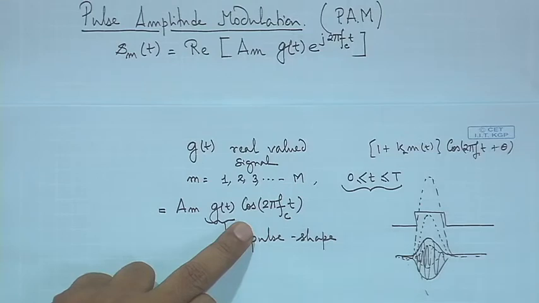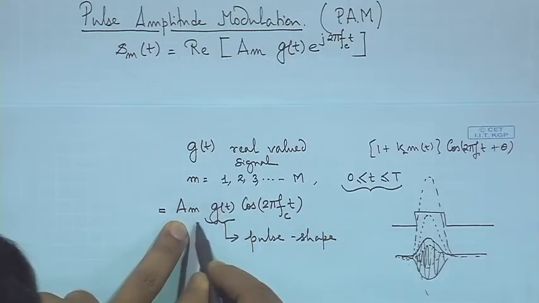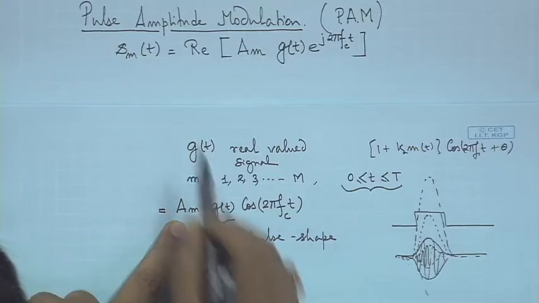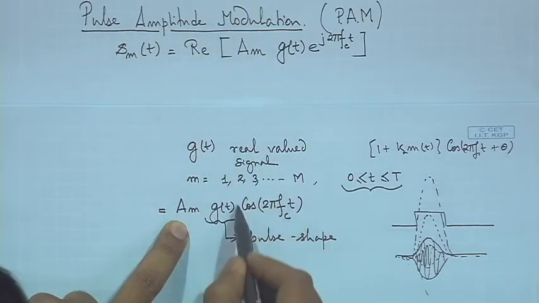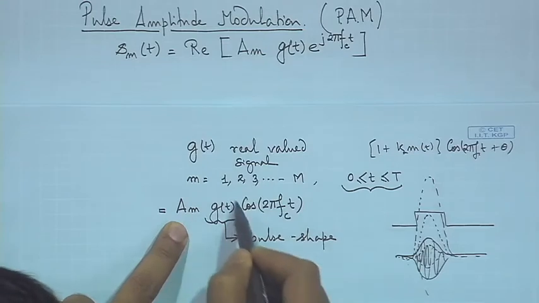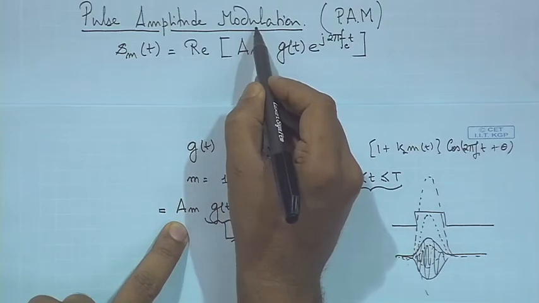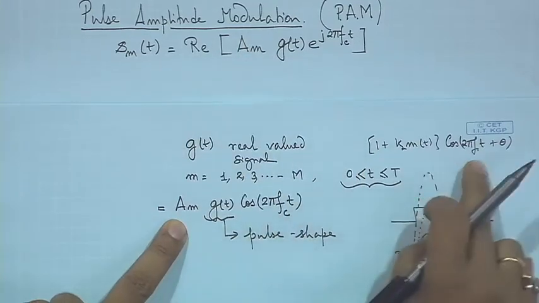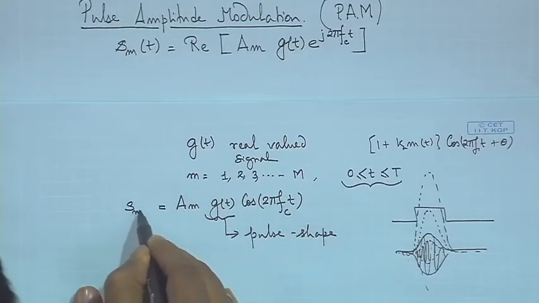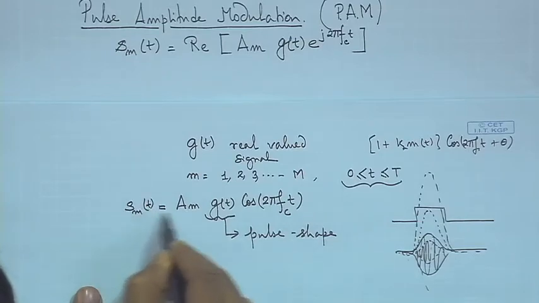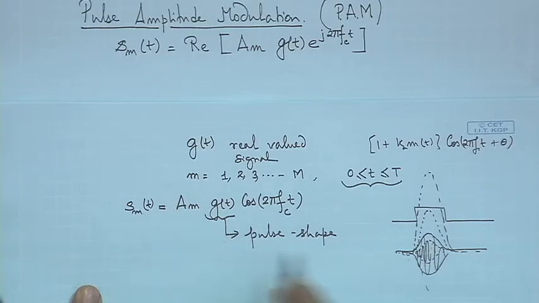So, there is an amplitude, there is a pulse, and you are modulating the amplitude of the pulse. That is why it is pulse amplitude modulation. Because you are changing the amplitude of a carrier, you call it modulation. There is a lot of similarity with analog communication, except that the waveforms you select from are discrete in number of options, but the waveforms themselves are analog.